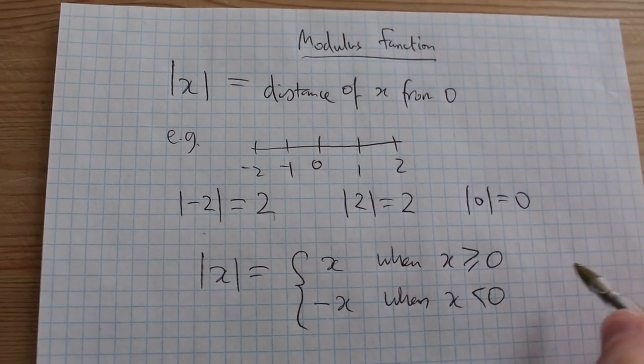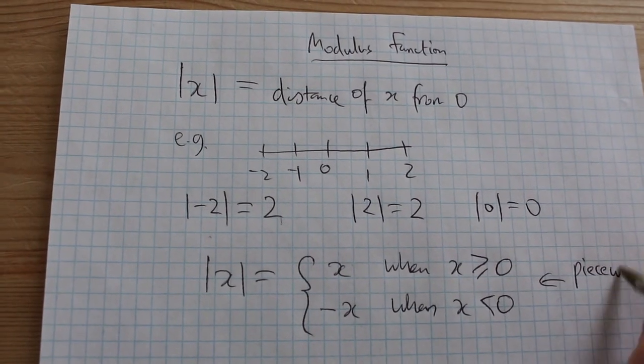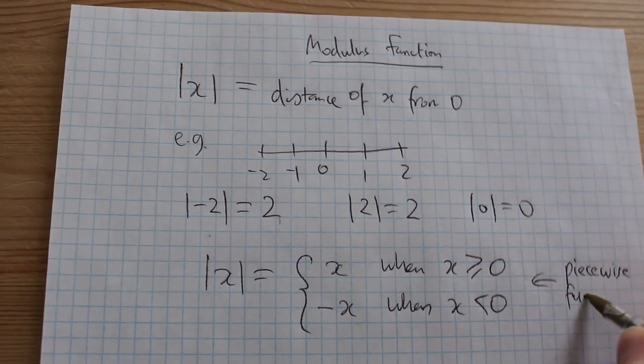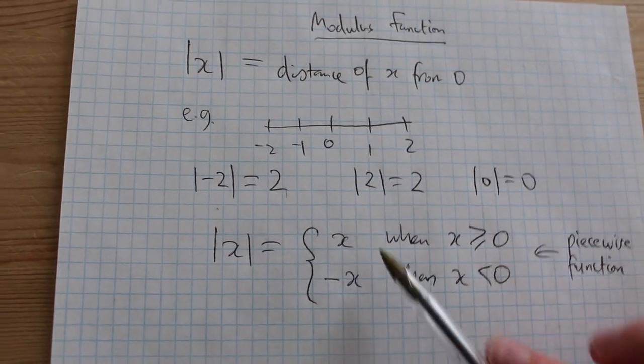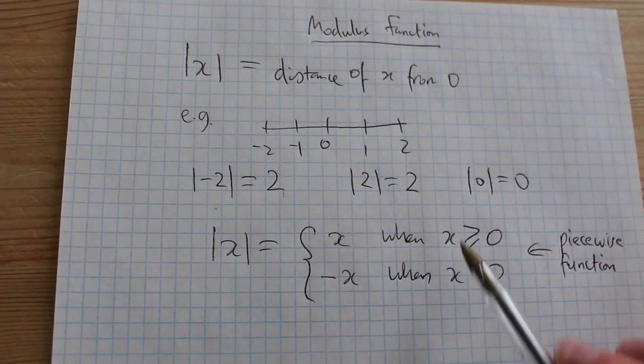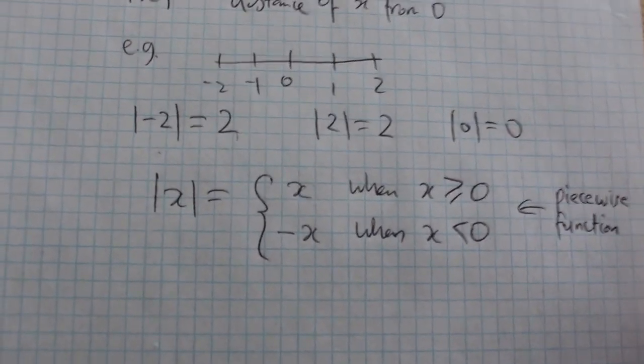And this is what's called a piecewise function, and that simply means that there are different cases depending on the value of x. The function takes different values depending on the two different cases, and we'll see more piecewise functions later.